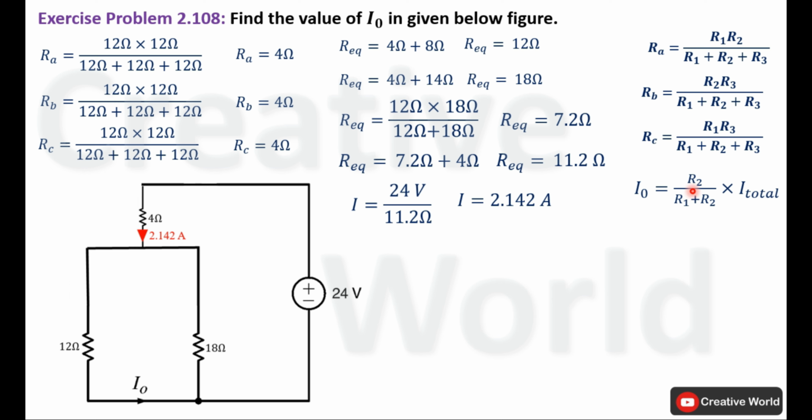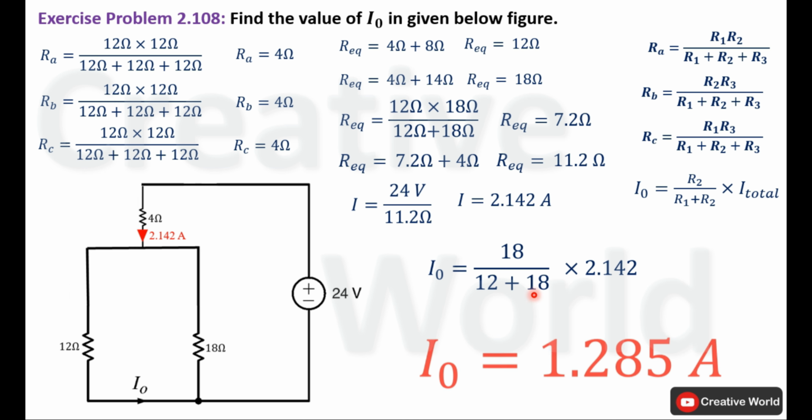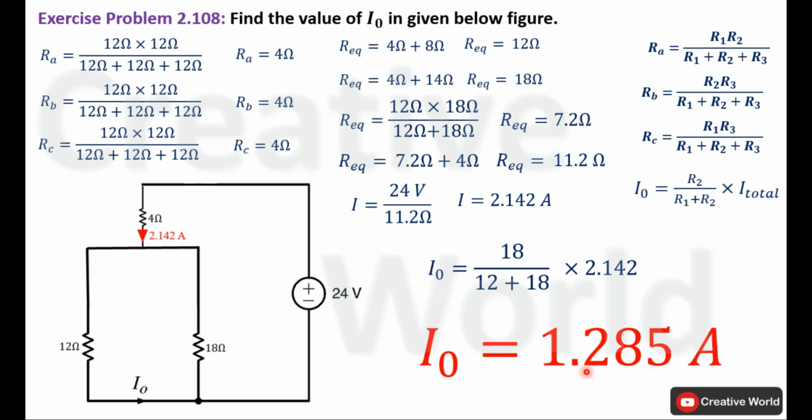So place values inside this equation. 18 ohm divided by 12 ohm plus 18 ohm multiplied by total supplied current 2.142 ampere. Solve this equation to calculate the value of current I0, that will become 1.285 ampere. So the value of current I0 through this branch is 1.285 ampere.